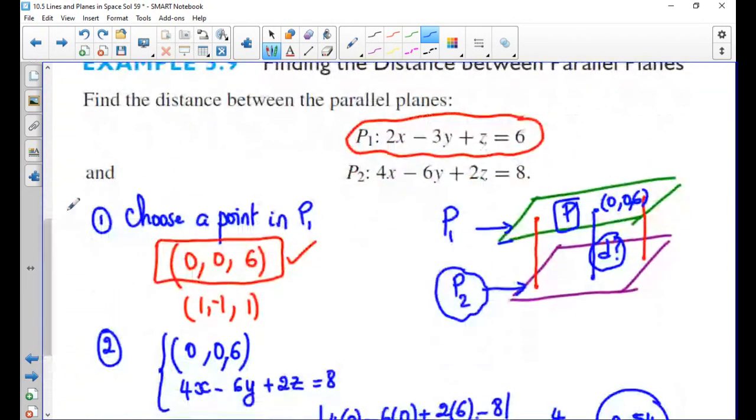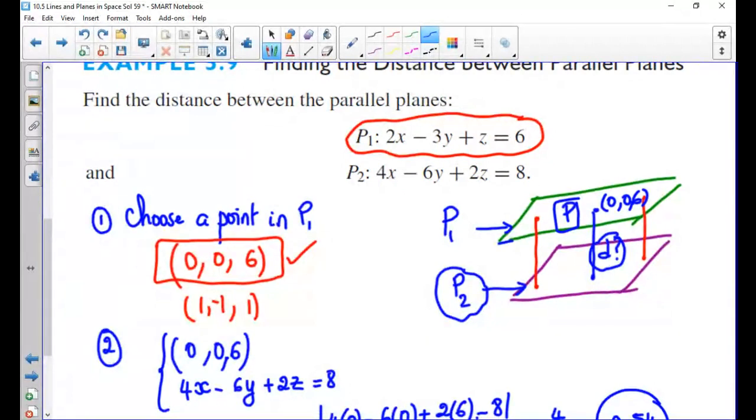The way you choose the point in the plane is just you need to choose 2 variables and find the other variable by substituting. Here I didn't write all the details, but I hope you remember that.